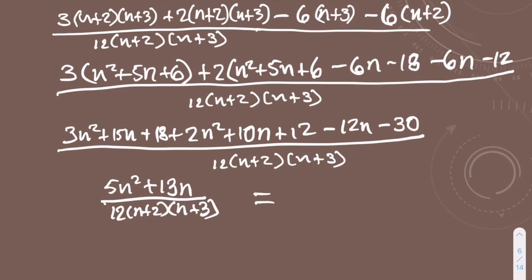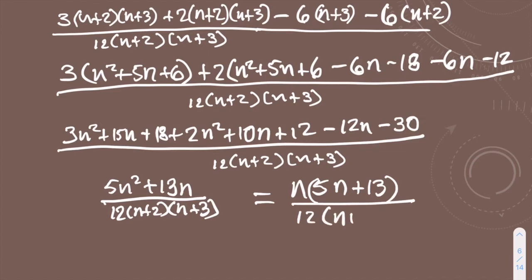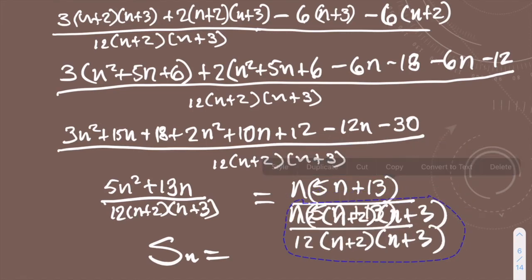And then we've got 5n plus 13 times n all over 12 times n plus 2, n plus 3. And I think we have it. That's our sum of the first n terms of that numeric series that you saw.